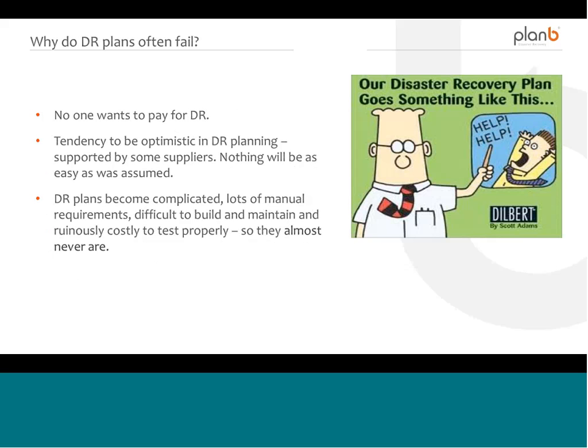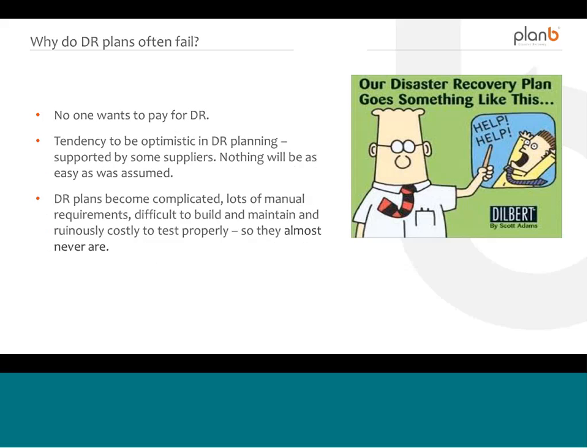Okay, looking at why DR plans that have been made in all good faith often go wrong. I guess the number one issue is there's very little incentive to be enthusiastic about planning for a disaster. It requires money that doesn't take the organisation forward. It just simply manages risk, and therefore nobody really wants to pay for it.